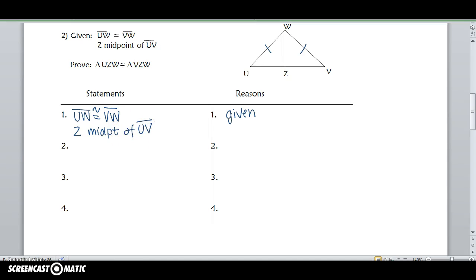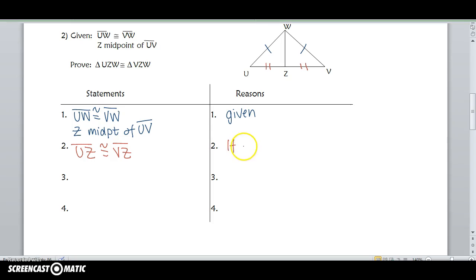So we really cannot put any other information in this diagram other than Z is the midpoint of UV. We'll make some conclusions, right? What type of conclusion can we make given that Z is the midpoint? Remember that a midpoint divides our segment into 2 congruent parts. So ZU is congruent to VZ. And that is the definition of midpoint, right?